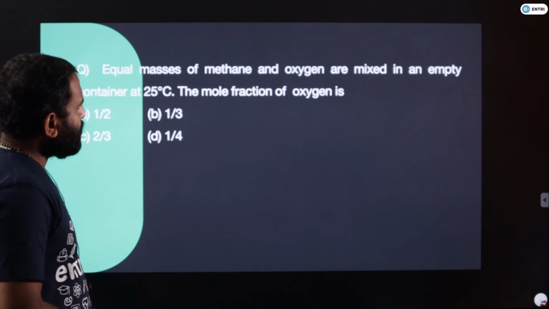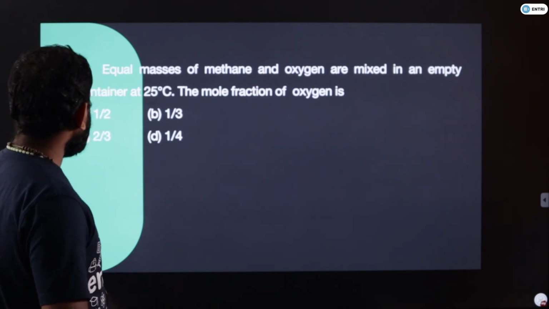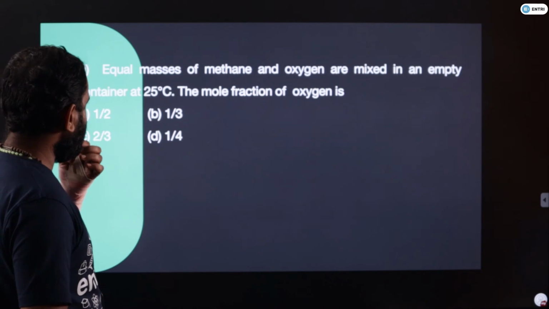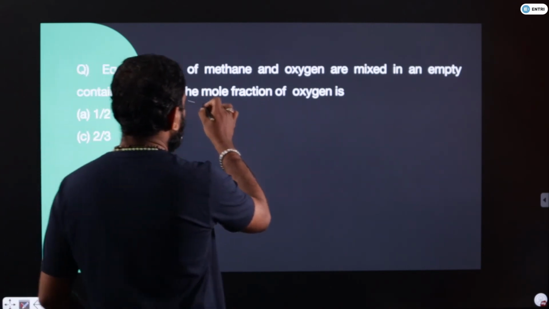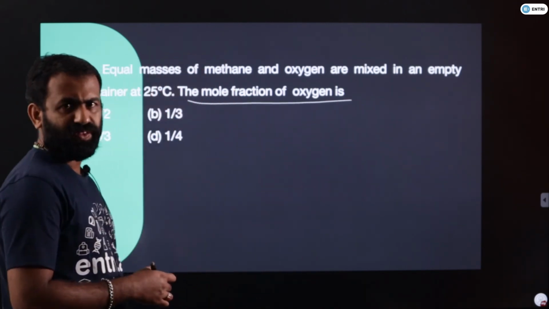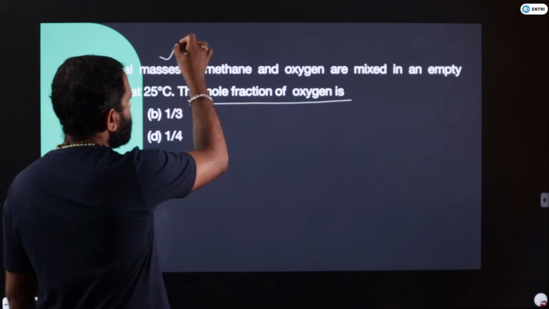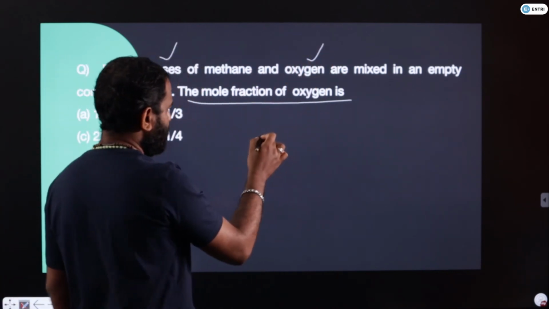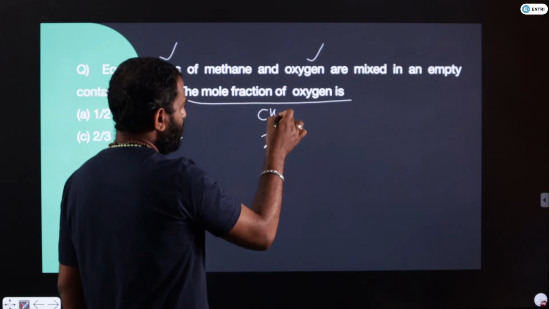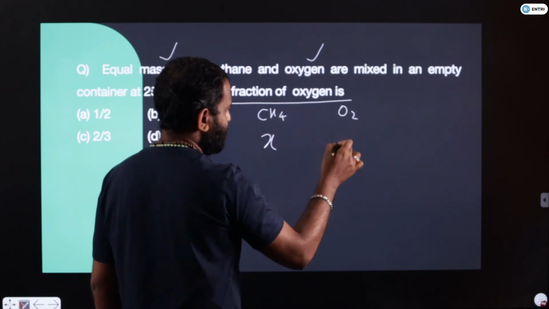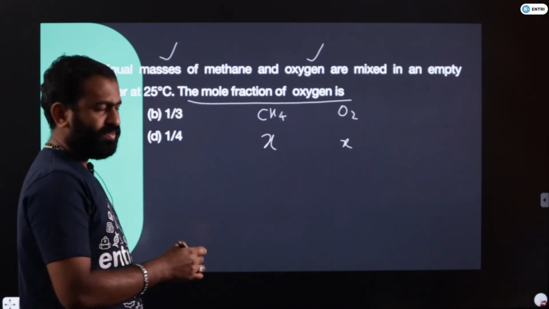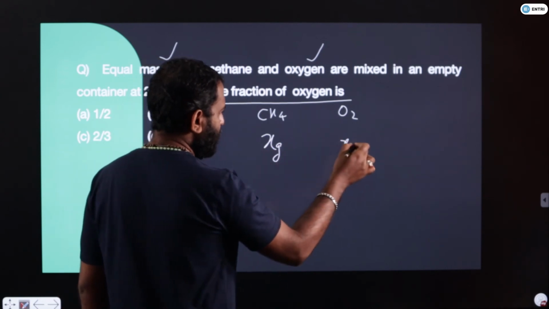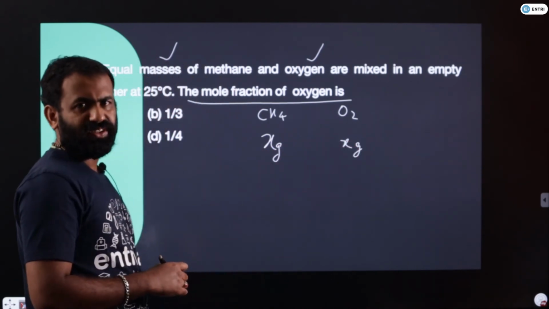Then the question: equal masses of methane and oxygen are mixed in an empty container at 25 degrees Celsius. The mole fraction of oxygen? Suppose we take x gram methane and x gram oxygen.